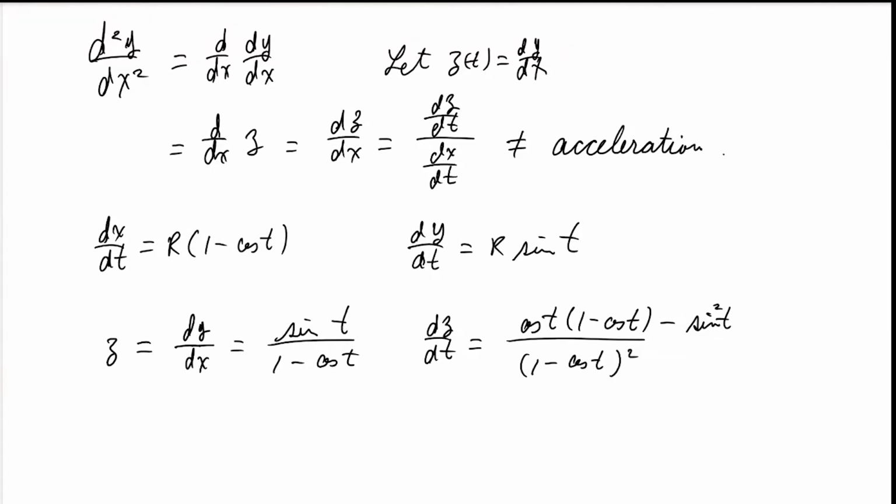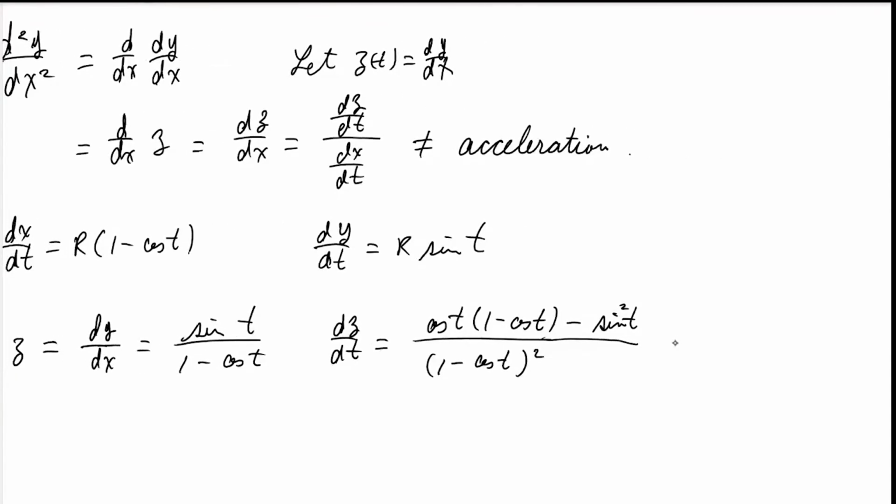Okay, so far so good. Is it too much algebra if I just simplify this to be negative? So this is just cosine t over (1 minus cosine t) squared, and then minus 1. Too much algebra?